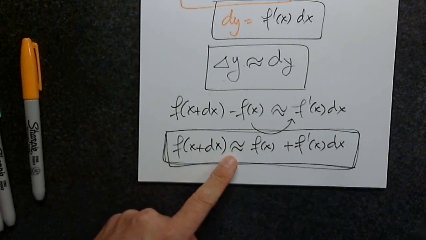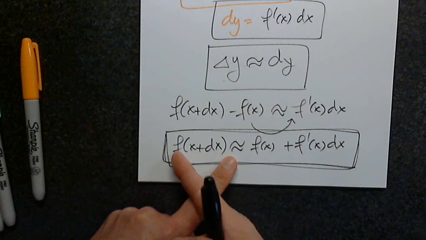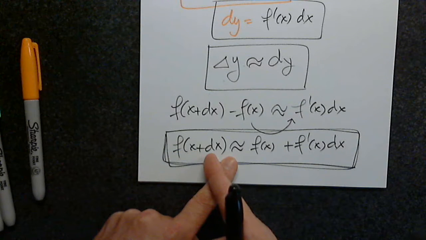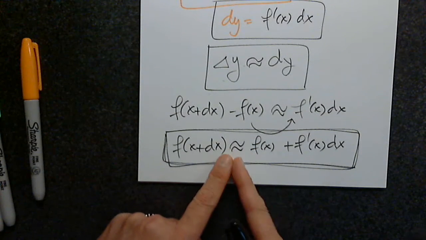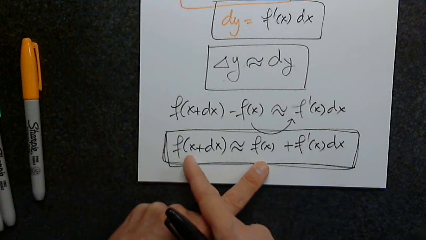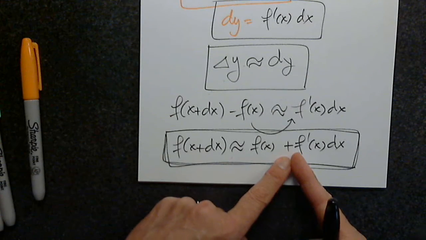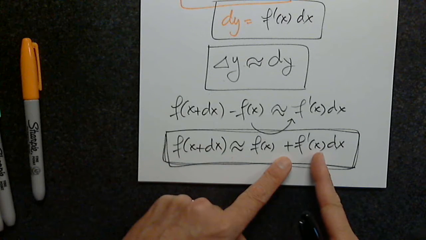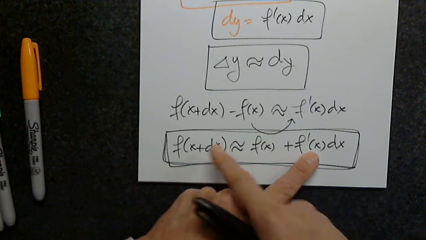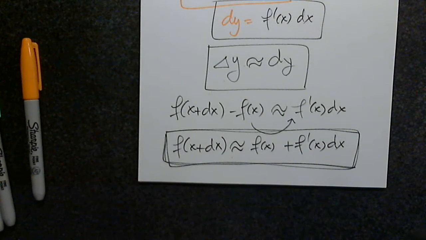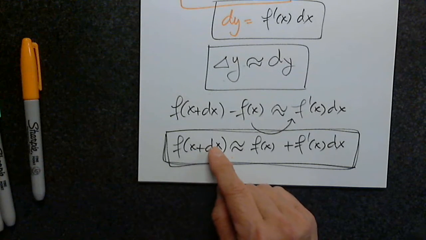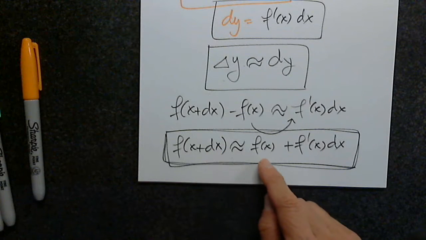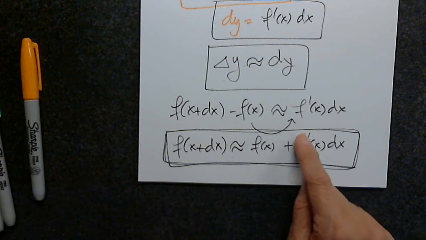I'm giving you the example from before because it's still fresh in our memory. So the function of 100 plus 1, which was c of 101, can be determined approximately, not exact. This is not the equal symbol. It's approximately f of 100 plus the derivative at 100 times this unit, which was 1 in our case. So f of x plus a little error is f of x plus an error in y.